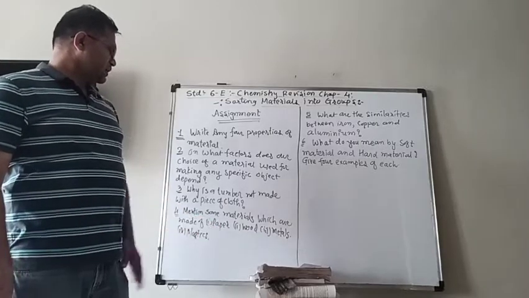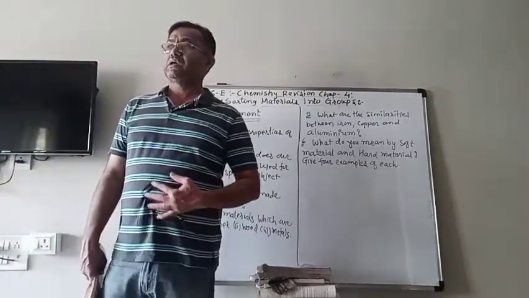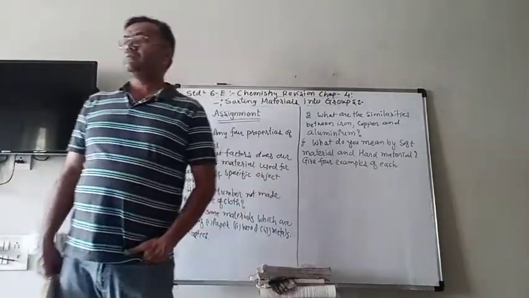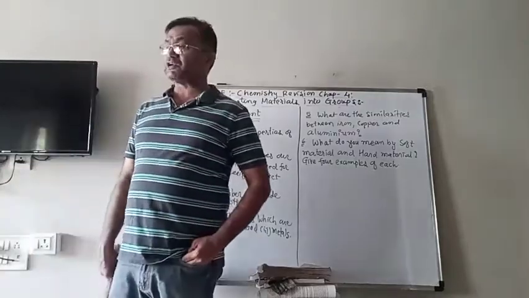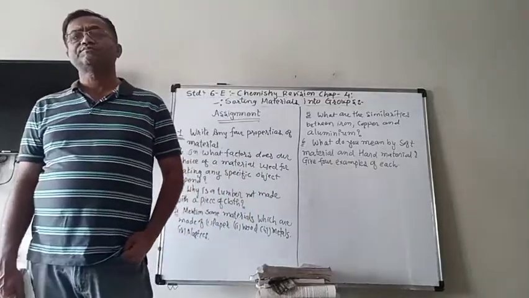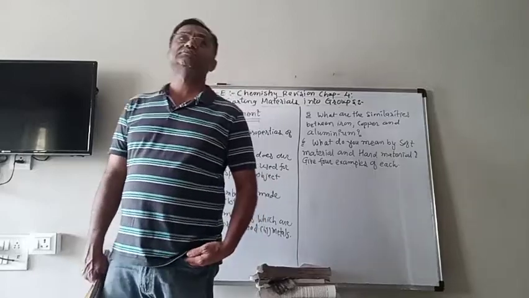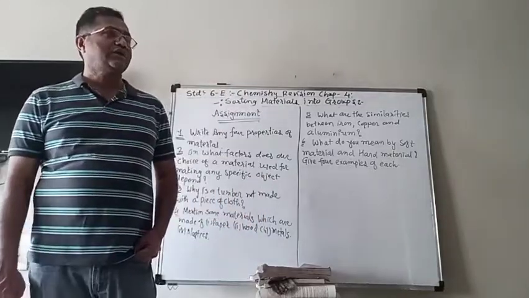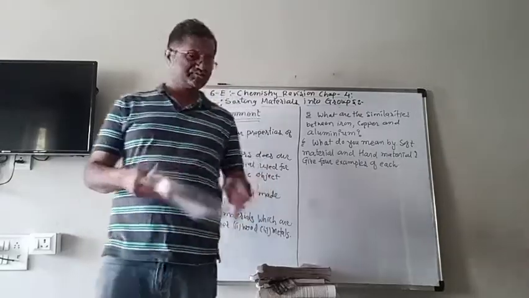Paper. Mention some materials which are made up of paper: the books, magazines, notebooks, newspapers, then envelopes, etc. These objects are made up of paper.